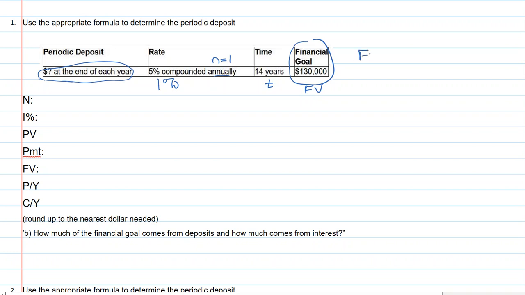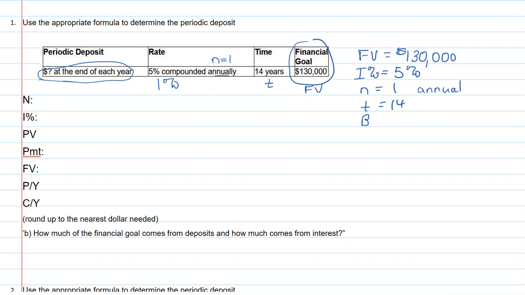We know our future value is $130,000. And we know that the I percent is 5. We know our N is 1 for annual. And our T is 14. But what we don't know is how much to put in to achieve that goal.